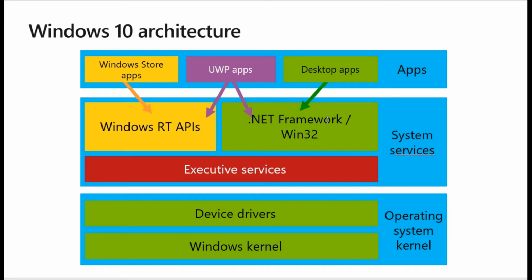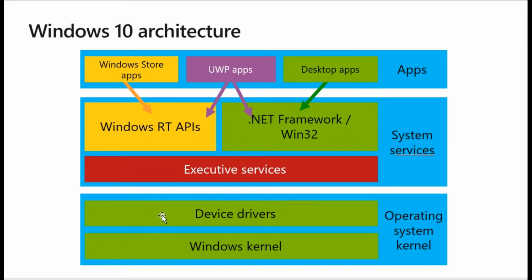On top of the .NET framework we have all the desktop applications running, and universal applications using Windows RT APIs and also the .NET framework. Windows Store apps use this RT. RT is for the mobile applications.